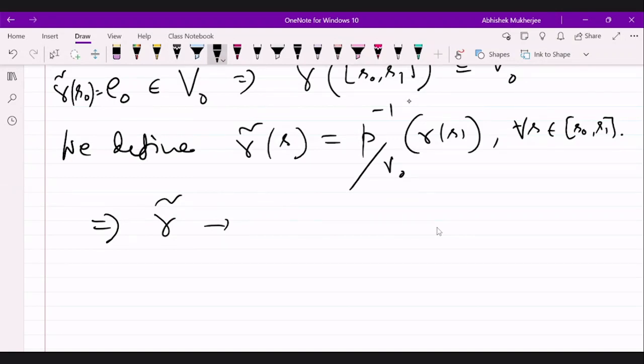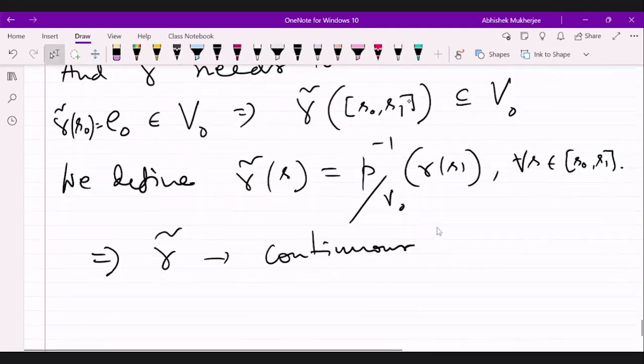So this is a homeomorphism, right? So therefore it is continuous. So gamma tilde is a composition of two continuous maps. So therefore it is continuous. Okay. So this is a well-defined, continuous map. So now we need to proceed for other subintervals.